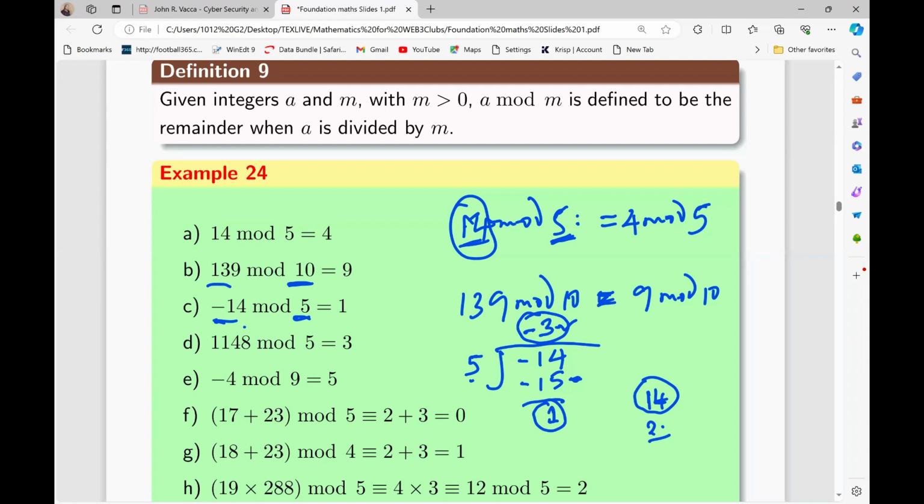Let me show you, because sometimes I find a problem. Sometimes people are unable to divide a number into a negative number using long division and tell me what the remainder is.